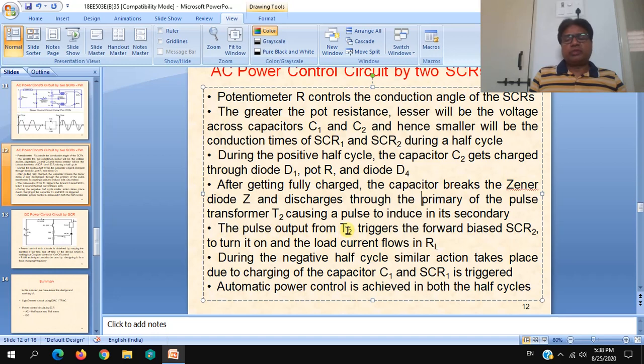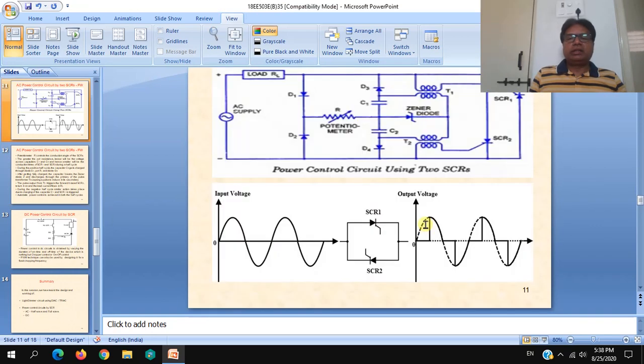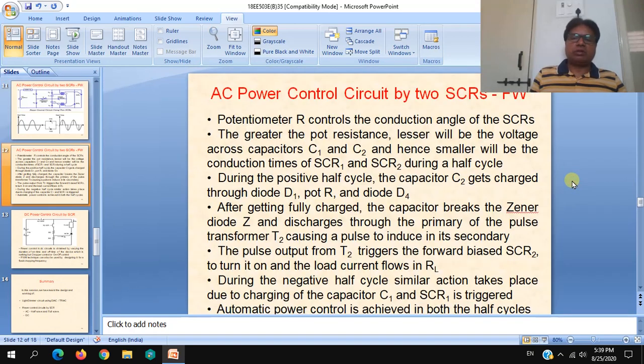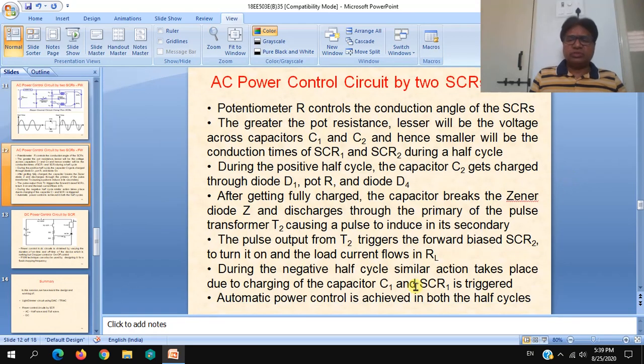The pulse output from T2 triggers the forward biased SCR2 to turn it on, and the load current flows in RL. Once the supply changes from positive to negative at the zero crossover, the ongoing SCR will be automatically turned off by natural or line commutation. So that is how automatic power control is achieved in both the half cycles.